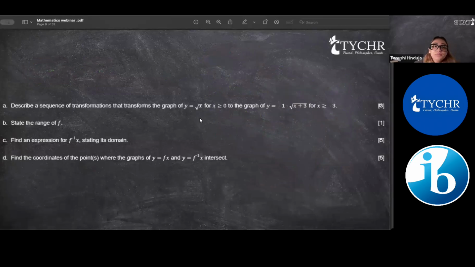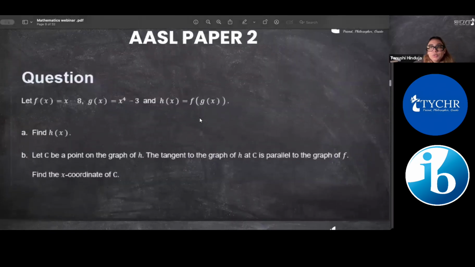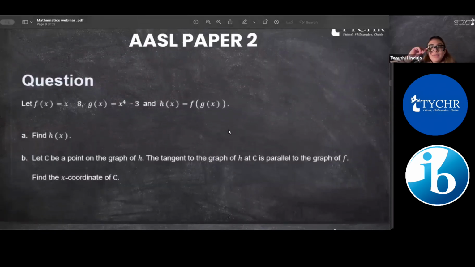Okay. Next, we have a question from the AASL paper 2. So now you can use the GDC. We have f of x equals x minus 8. And we have to find h, the function, which is a composition of f and g.